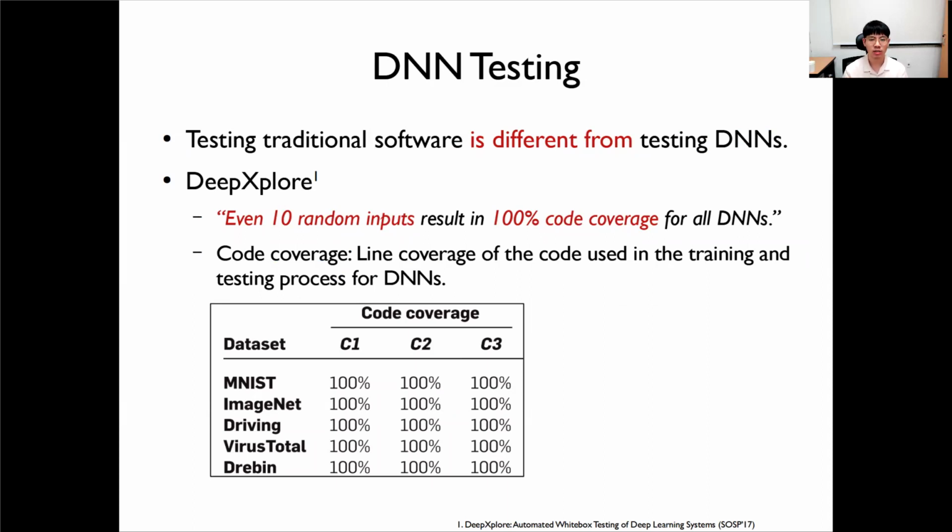In this work, the code coverage denotes the line coverage of the Python code used in the training and testing process for each deep neural network model. And as you can see in this table, across diverse datasets such as MNIST, ImageNet, and diverse DNN models, shortly C1, C2, C3, achieving full coverage seems to be really trivial, as we just need 10 randomly selected inputs.